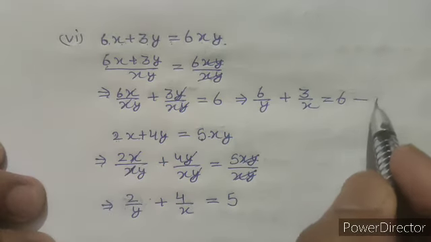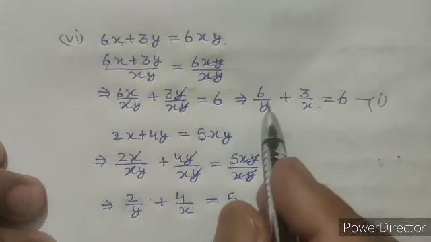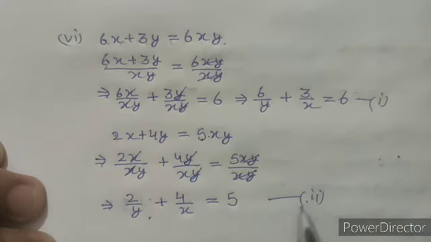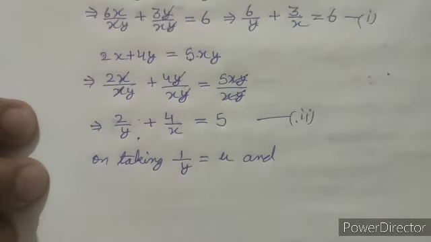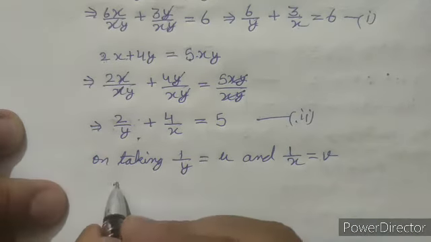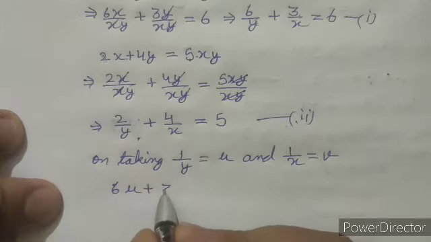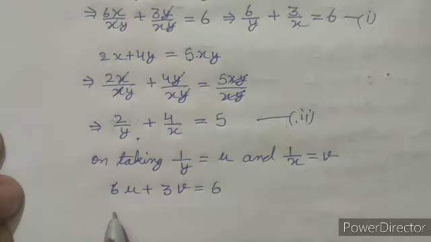Now we will take 1 upon y as u and 1 upon x as v in equation first and second. On taking 1 upon y as u and 1 upon x as v, the equation first will become 6u plus 3v equal to 6, and equation second will become 2u plus 4v equal to 5.